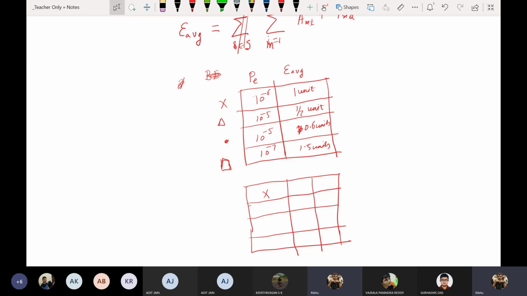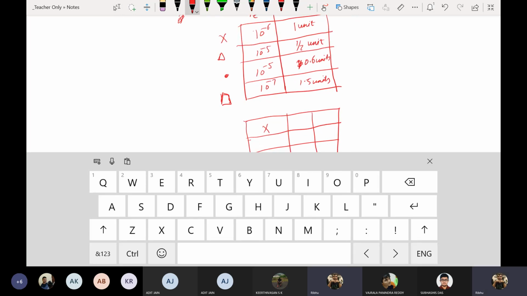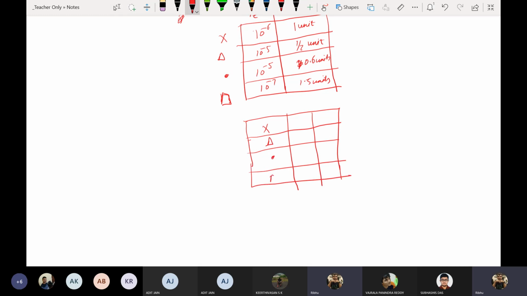So cross, triangle, circle, square. The probability of error in each case I fixed to 10 to the power minus 5. And say 1, this is 1.2, this is 1.4, this is 0.9.